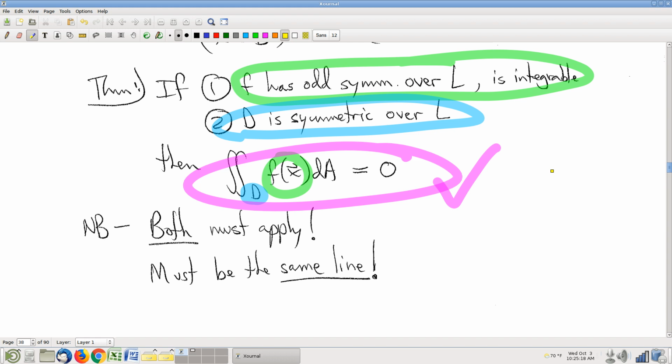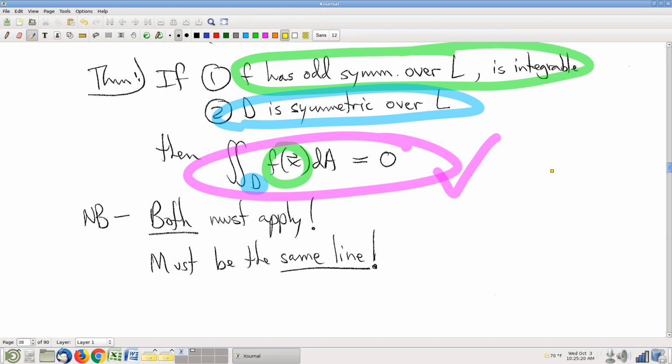Now, a couple of quick warnings with this theorem. You got to be ultra careful in applying this theorem, because if you find yourself faced with an integral to compute, and suppose you cite this theorem, saying, hey, these conditions apply, and therefore the integral is 0, and let's suppose that you're wrong.